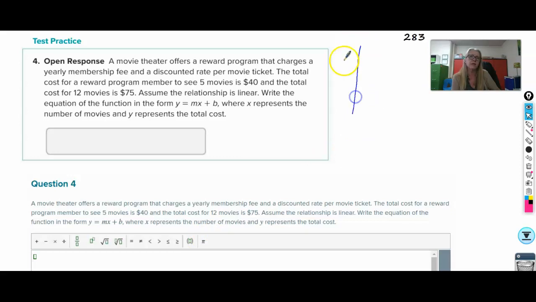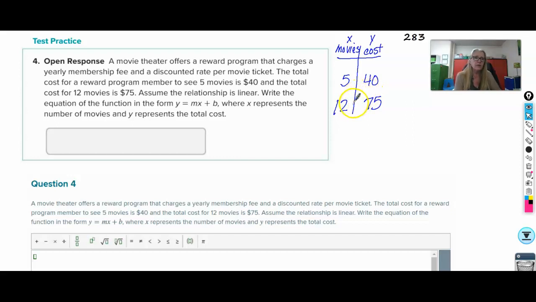All right, so this is what it looks like when they give you a word problem. We've got movies, which is our x value, and we've got price or total cost, which is our y value. After 5 movies, you pay $40. After 12 movies, you pay $75, okay? And they're telling you that the relationship is linear.